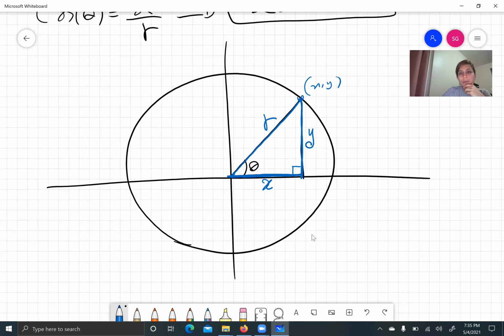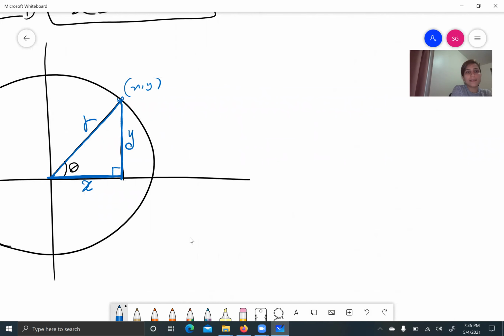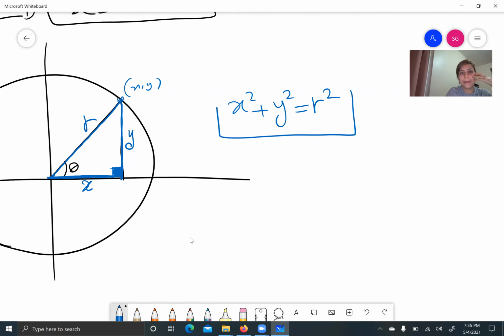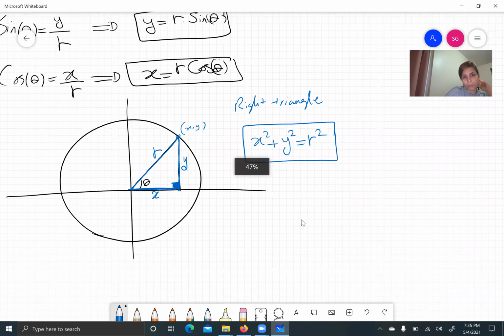Because this is a right triangle, we know the relationship between x, y, and r. The Pythagorean theorem tells us that x squared plus y squared is r squared, remember? So when you have a right triangle, you have this relationship between the sides.